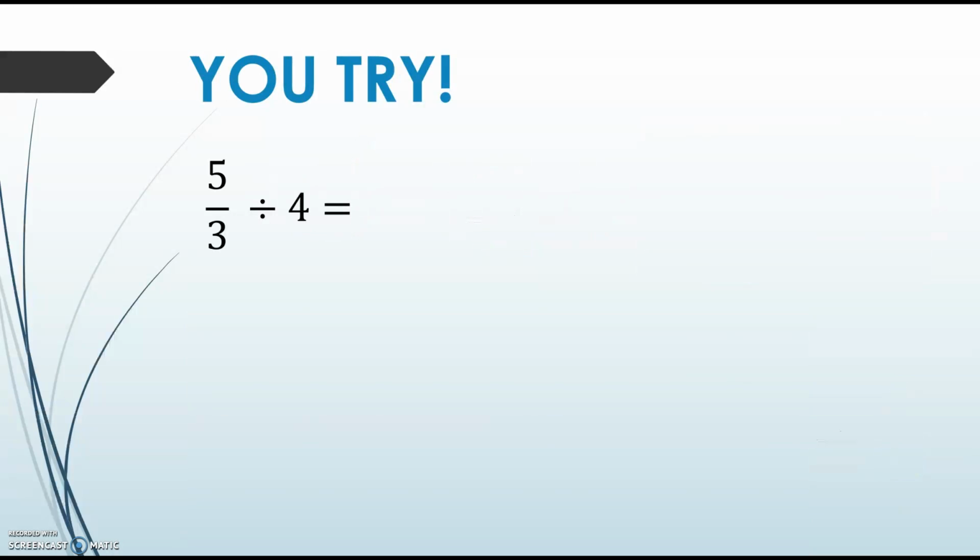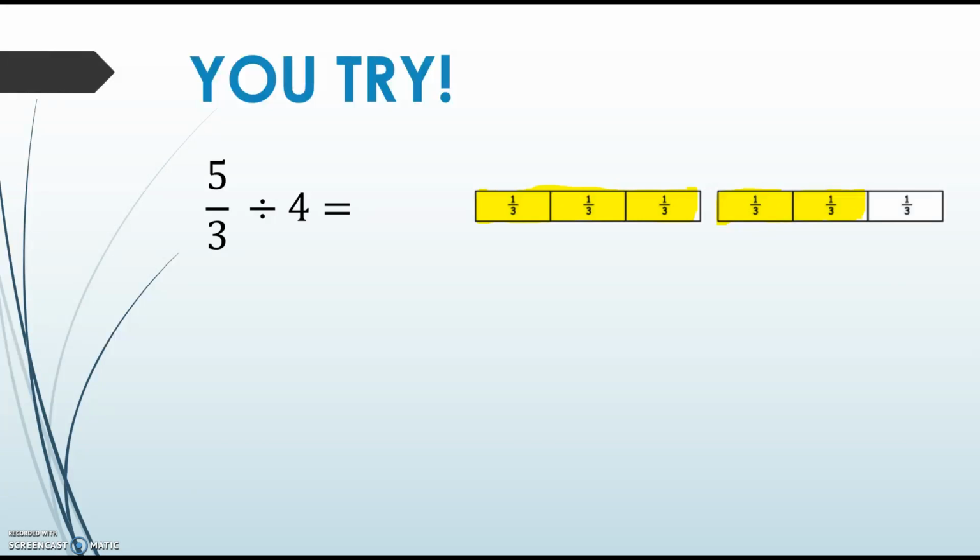Now you try 5/3 divided by 4. Here's my model showing 5/3. Now here I'm going to share this among 4 people. So how do I do that? Well, I can think of this as, let's see, I'm going to cut this up.